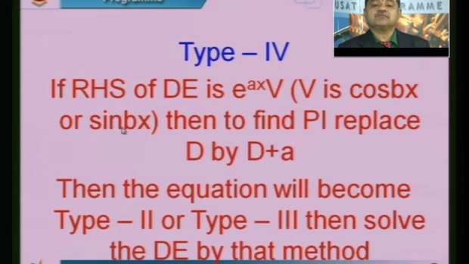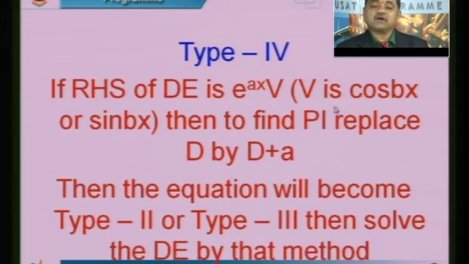Then to find the particular integral, first replace d by d plus a. It is not d by a, it is d by d plus a. You see here e power ax; in place of d, I will write d plus a, then the job of this e power ax is over. Then we have only v.